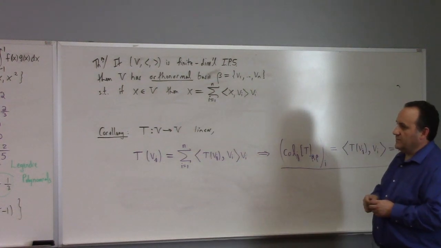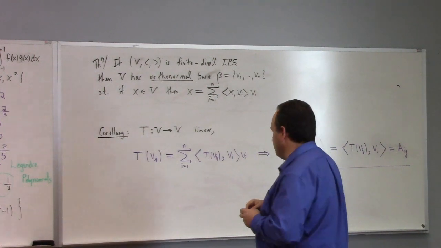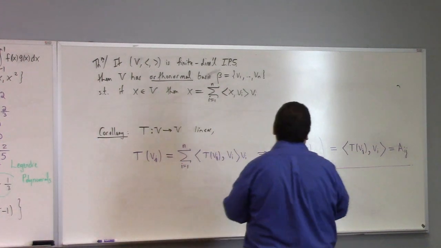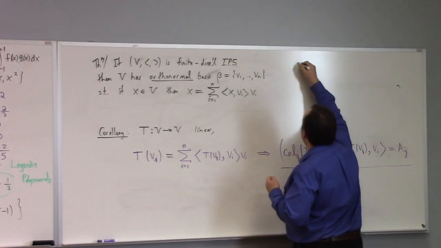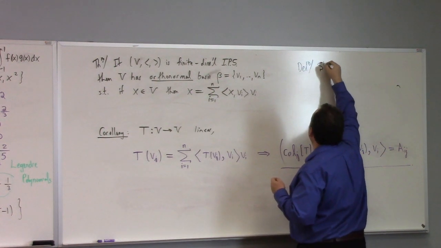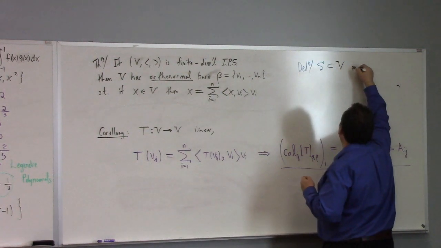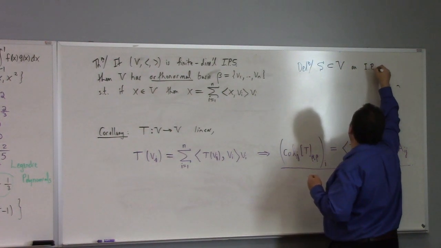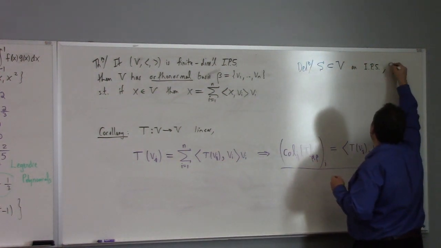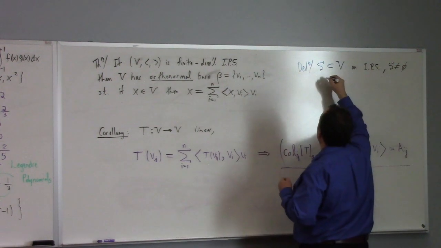So the next order of business, of course, is orthogonal complements, right? So let me define that for you. Definition: for S a subset of V, an inner product space, and I think we need S non-empty. I'm not sure about that. I think it's non-empty, yeah.